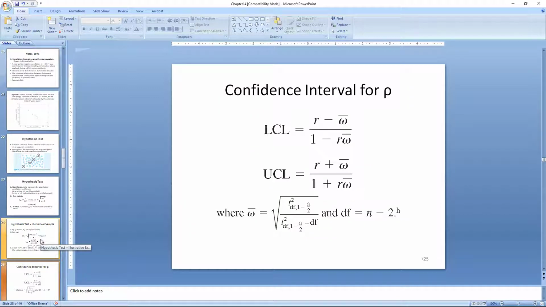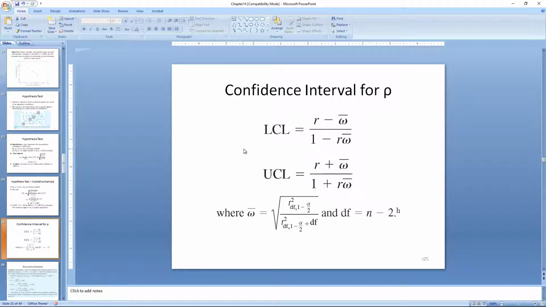Here we're going to have confidence intervals for rho, which I stated in the beginning, but you don't need to know. Just know that these are the equations to calculate the confidence interval, for a lower confidence level and an upper confidence level. We have our r minus, for all intents and purposes we'll call this W hat, over 1 minus r times W hat.